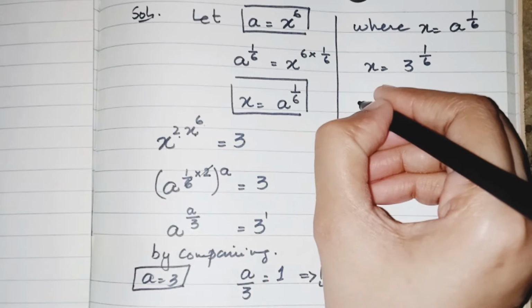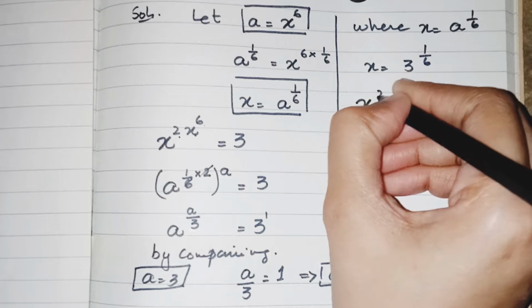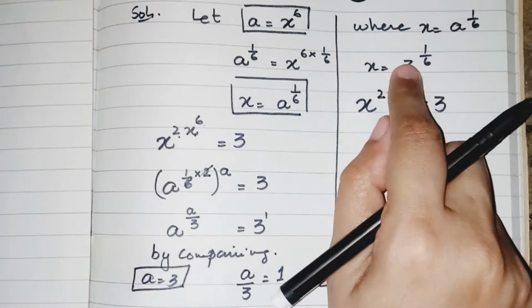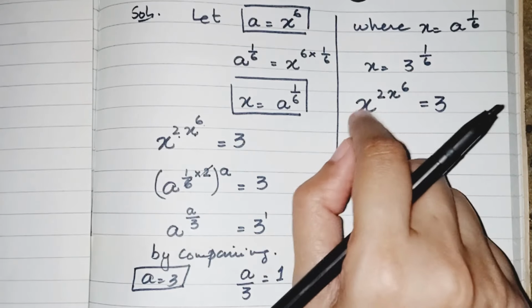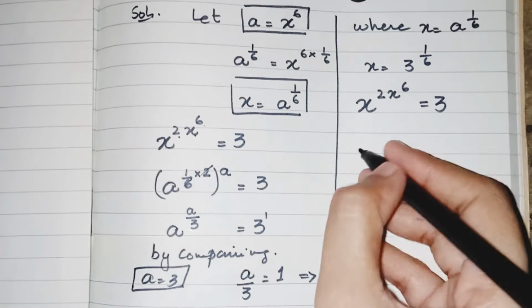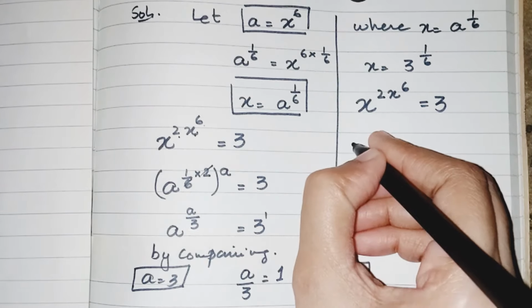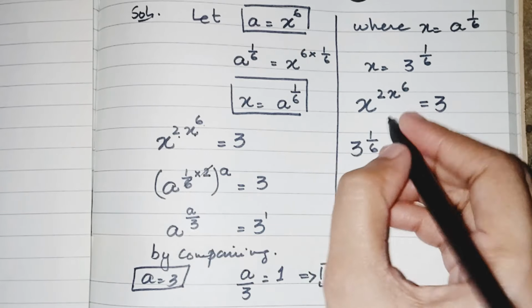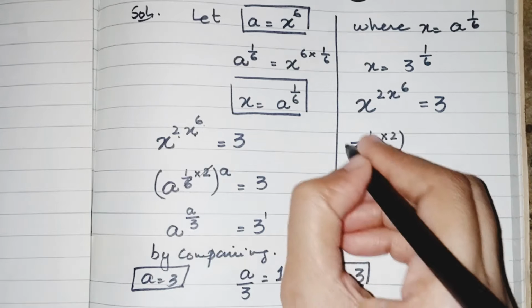The original equation is x^(2x/6) = 3. By placing this 3^(1/6) in place of x, I am writing 3 power 1/6, and 2 is its original power.